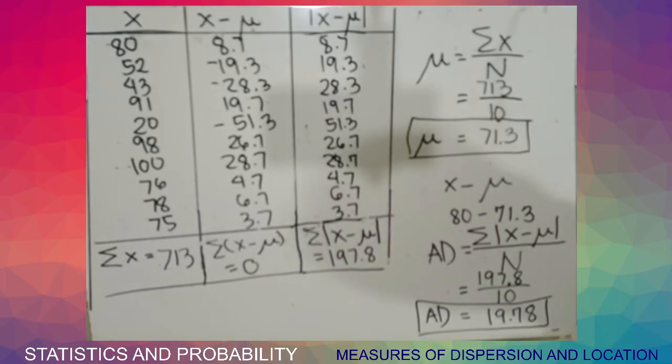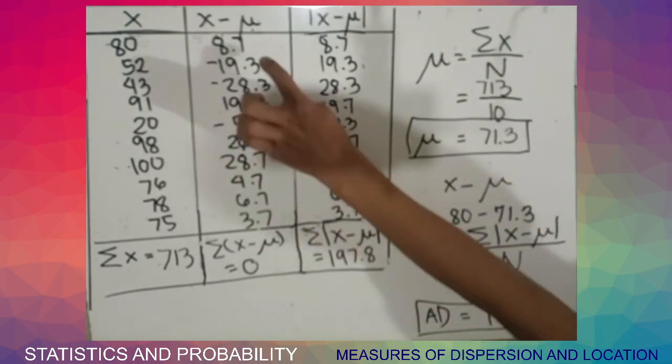Pag pinag-plus natin yan, yung data natin, okay. So, select ko lang siya. Then, auto sum. Okay, so ang lumabas doon sa dulo natin ay 0. Okay? Since yung ating data doon sa pangalawang column is combination of negative and positive. So kaya ginagawa natin in the third column, kinukuha natin yung absolute value niya para hindi maging 0 yung sagot natin for the third column. Okay?